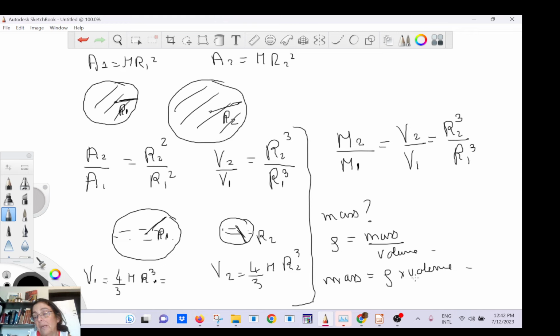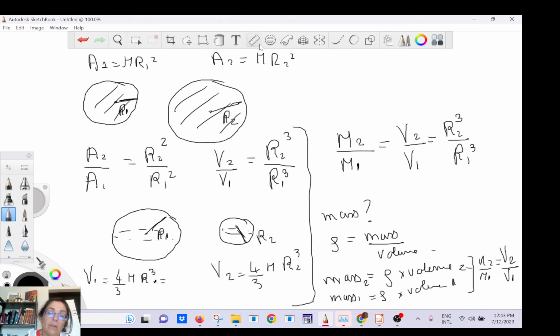I hope you see that, right? Because if you have a mass 2 here, volume 2, and they are made from the same material, I have volume 1. If I take the ratio, M2 over M1, it's the same as volume 2 over volume 1.